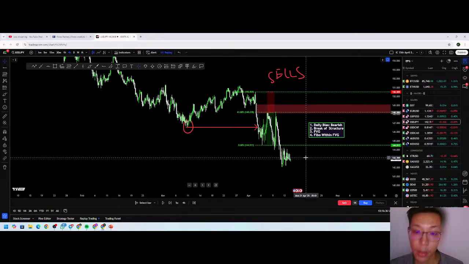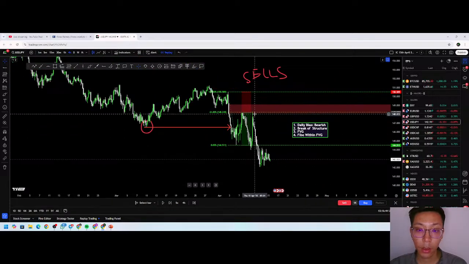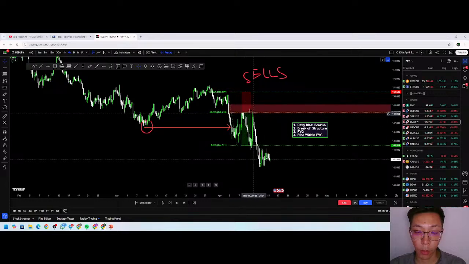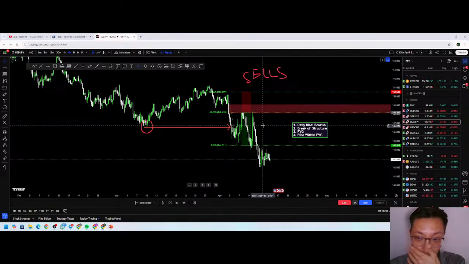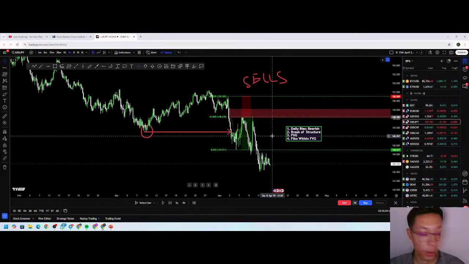But in this case, luckily for those that, let's say, put their take profit all the way at the lows over here, right? They will have hit their take profit without hitting stop loss. Okay, so just be careful of where your take profit target should be.